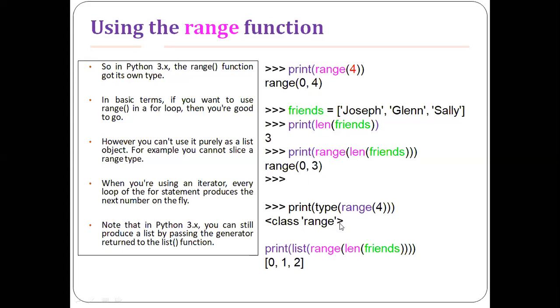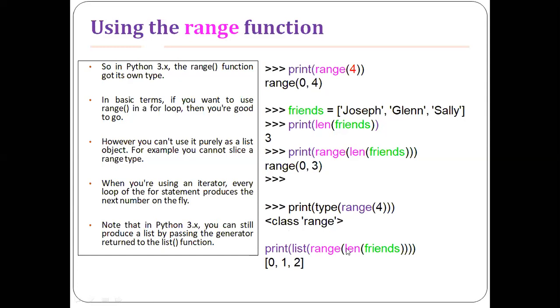And to know the type of the range, you can call the function type, and it will print the type, or the class name, of the range. And look at one more example, that is list, range, length, friends, right?